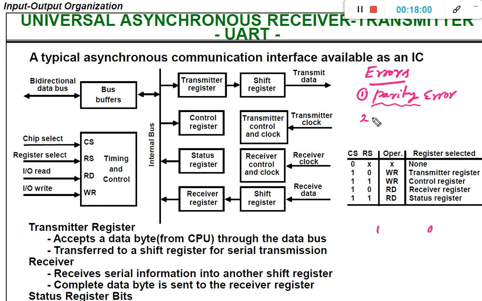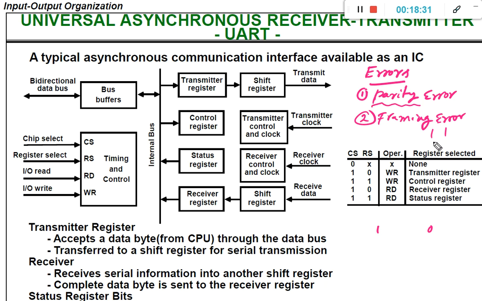The second possible error is a framing error. A framing error occurs whenever we do not add a sufficient number of stop bits. For example, as I discussed previously, in some of the older computers we need to add 2 stop bits, that is 2 ones after the character.